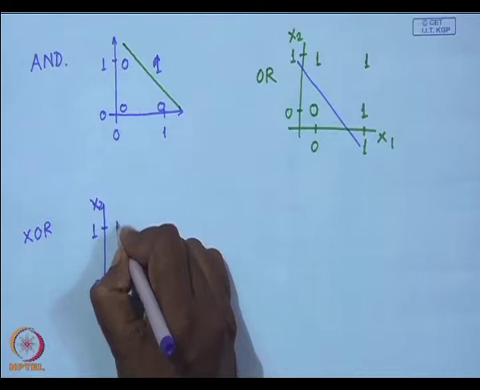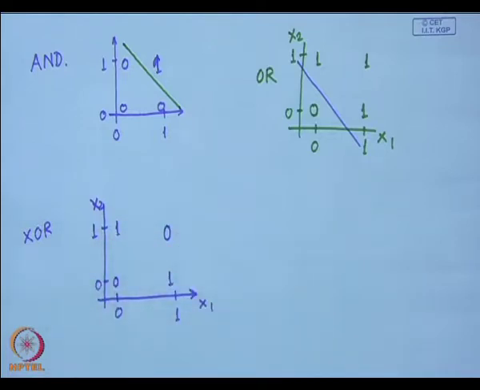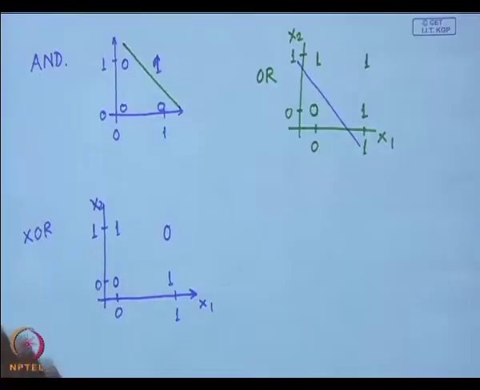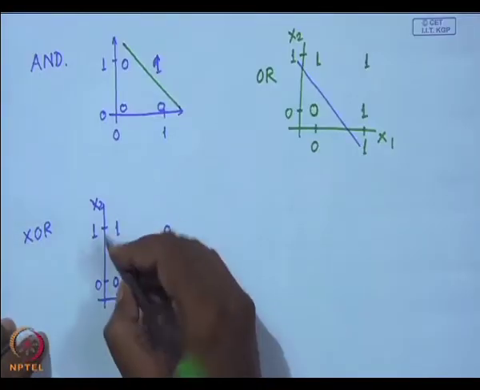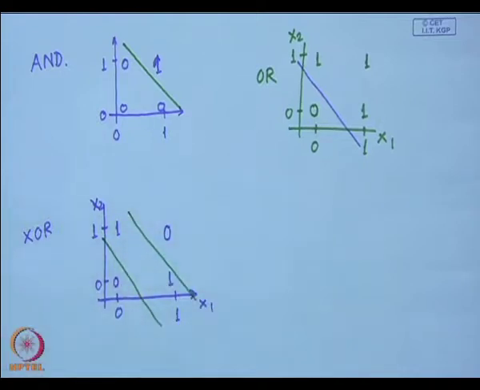When the input is 0, 1 or 1, 0, the output is 1. Given this situation, I can no longer separate the zeros and ones by a single straight line. Rather, I need two different straight lines to separate the zeros and ones. So, this clearly says that the XOR function is not linearly separable.